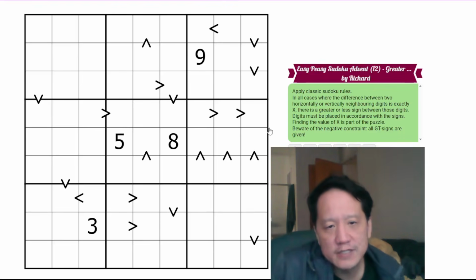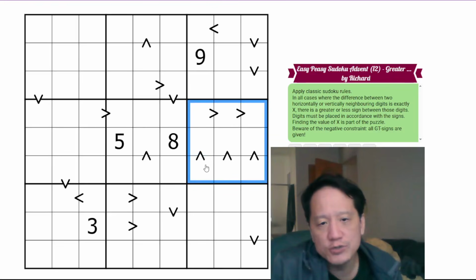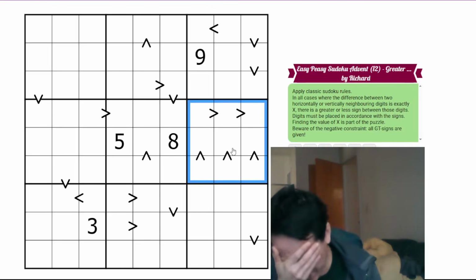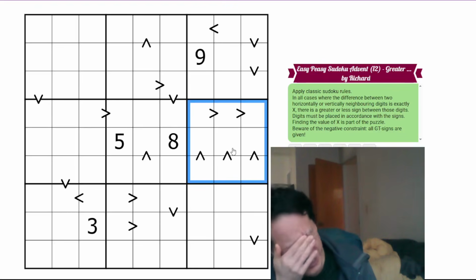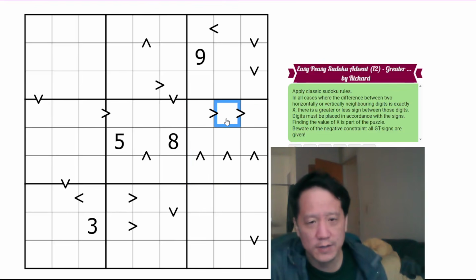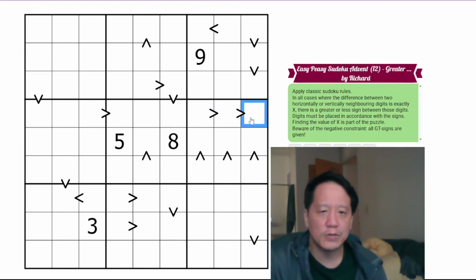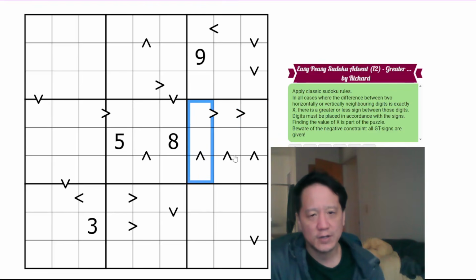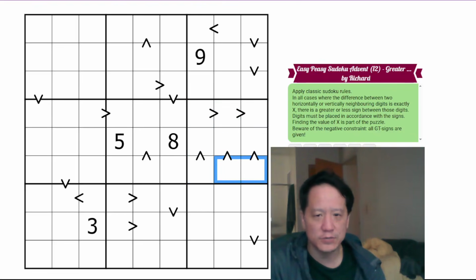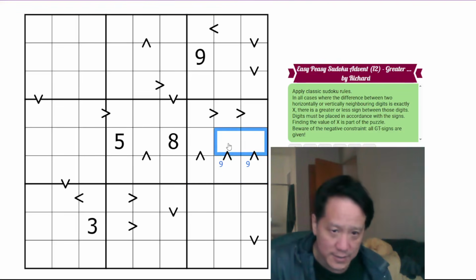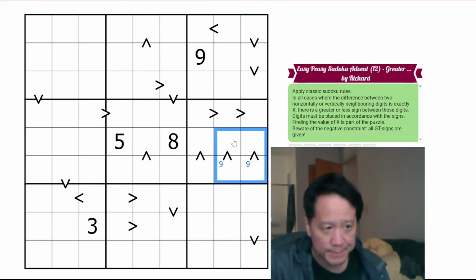So, where is 9 in box 6? One interesting aspect is, in box 6, every digit is in a relationship with another digit in that box. At least one. Could be 2 for this specific one. But we know 9 cannot be any of these cells here because these cells are less than other digits. Can't be here, can't be here, because those are less than other digits. So 9 has to be one of these two. And it cannot be 9 with 8, so there's not a difference of 1.